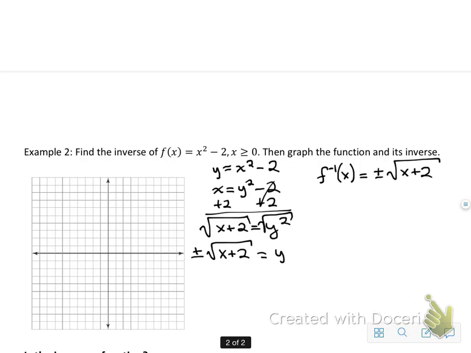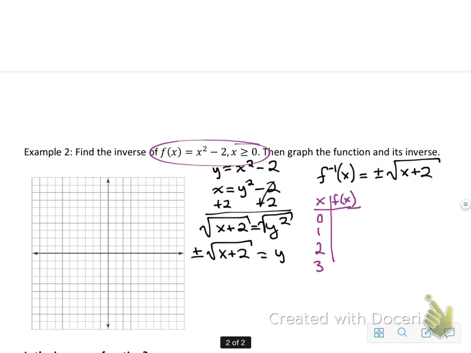Now, when we're graphing, you can make a table of values. So let's make a table of values for the original function f of x. Now it says that you can only use x values that are greater than or equal to 0, which means that we need to pick 0, 1, 2, 3, and so on.